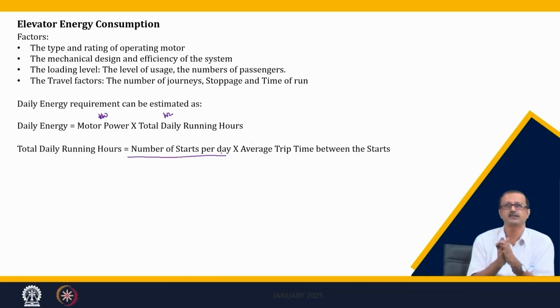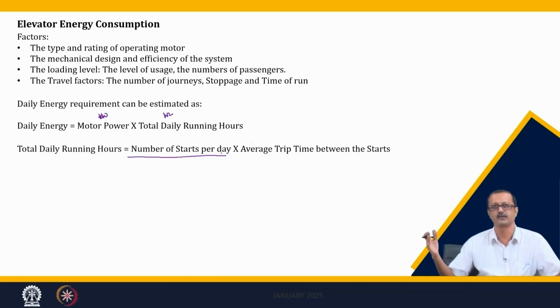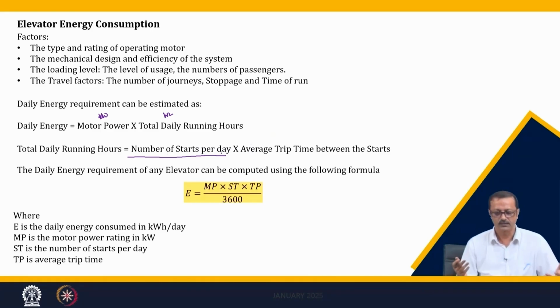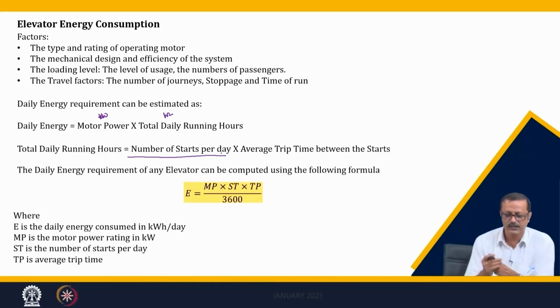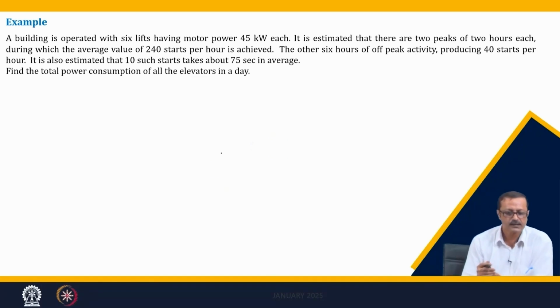That way you can find out the total hours of run, and with this particular formula, the motor power multiplied by the total starts and the average trip time, we can find out, by some kind of average method or maybe some kind of survey, the total power estimation.